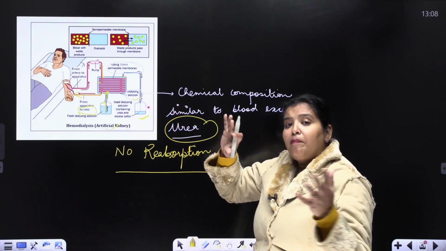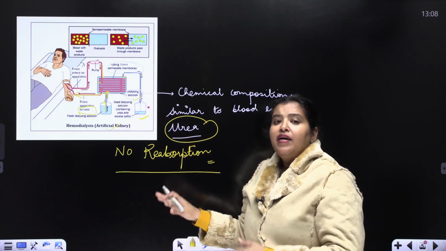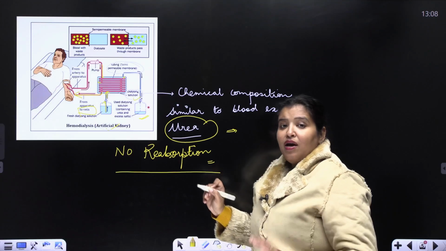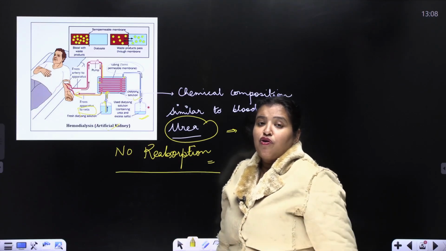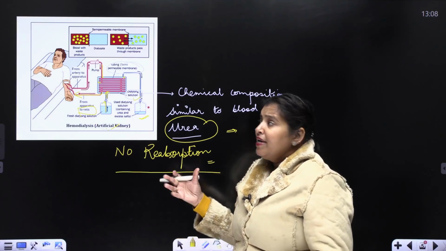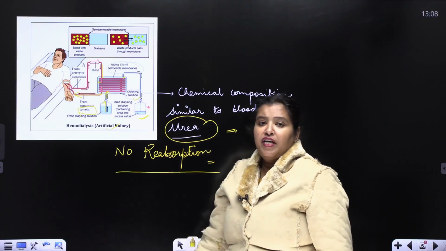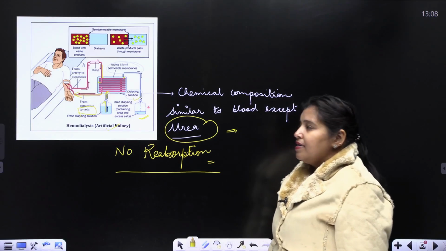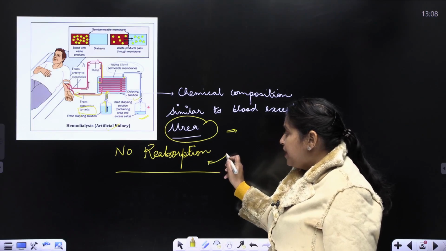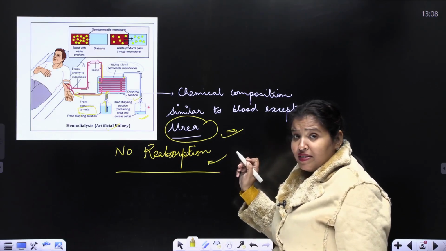But in this case, we are passing the entire blood and only removal of nitrogenous waste takes place without any reabsorption of useful substances. So this is the procedure of hemodialysis. This can be asked as a short question. You have to remember that no reabsorption takes place, and removal of nitrogenous waste takes place.